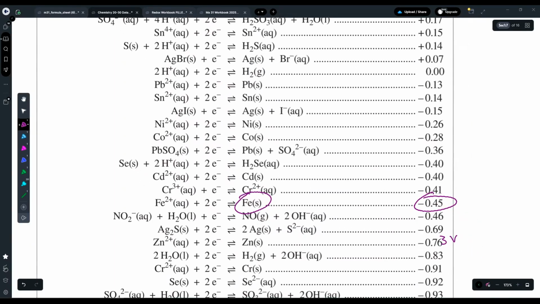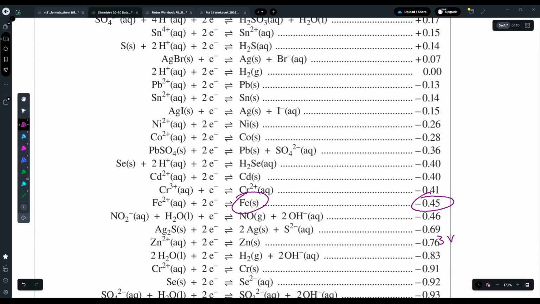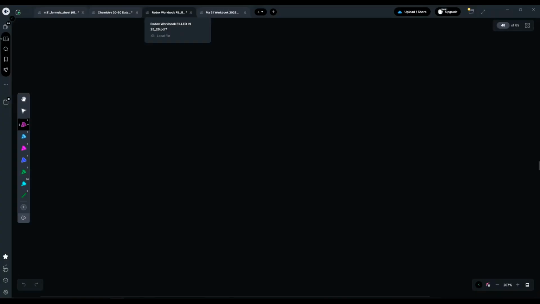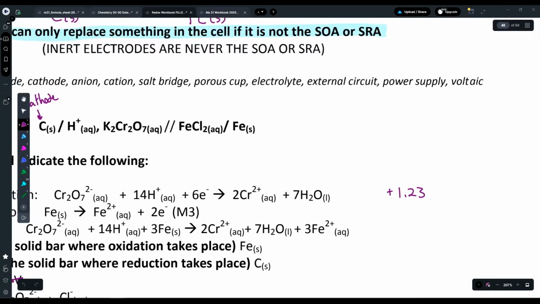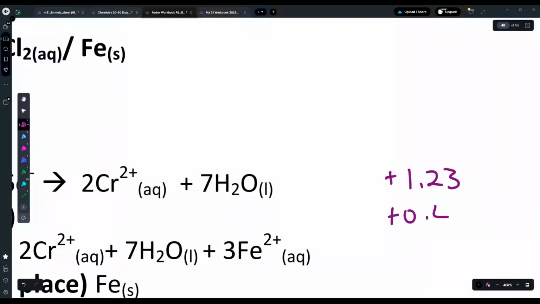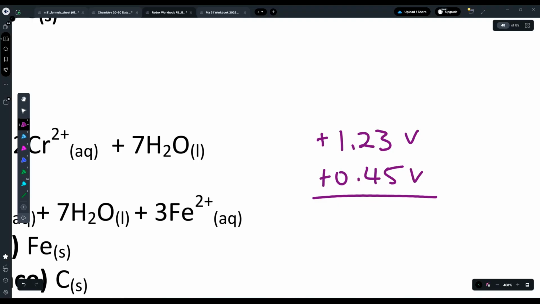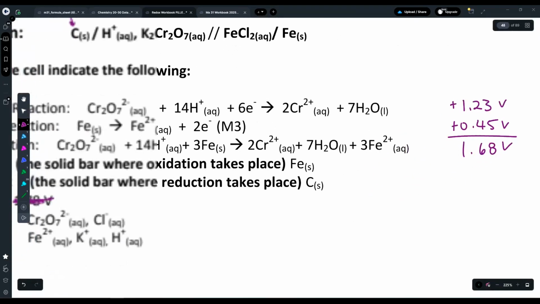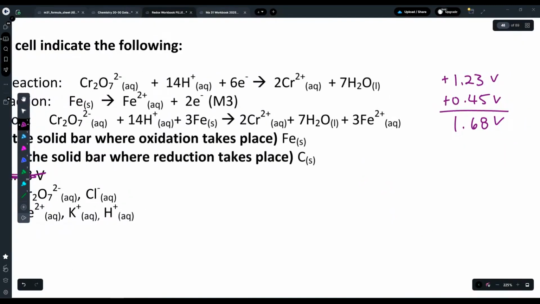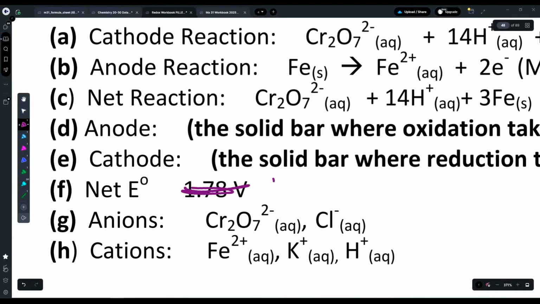Okay, so since this reaction was written backwards, we got to flip the sign on the voltage from negative to positive. So it's going positive 0.45. So if you add those up, you get 1.68 volts. So that's why there was an error with the net voltage here. Should be 1.68 volts.